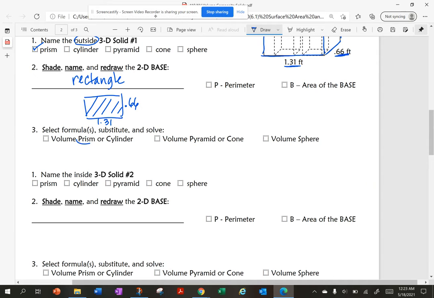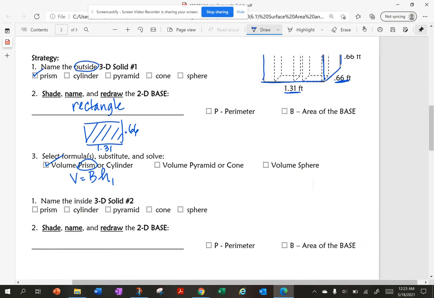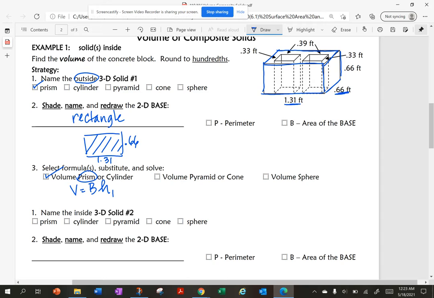The formula for a prism is volume is area of the base times the height of the prism. I'm going to call the height of the prism height 1. So height 1, from base to base, is 0.66.